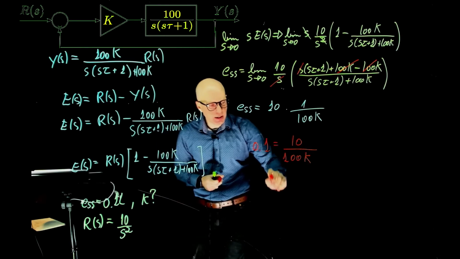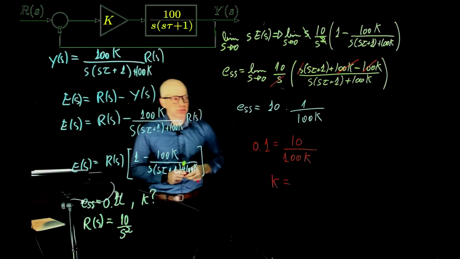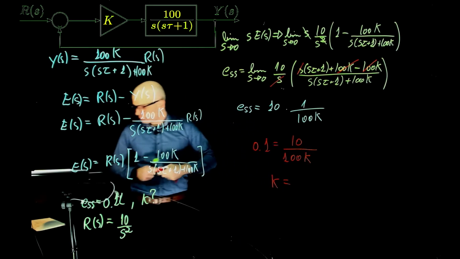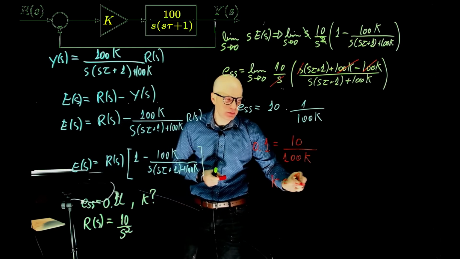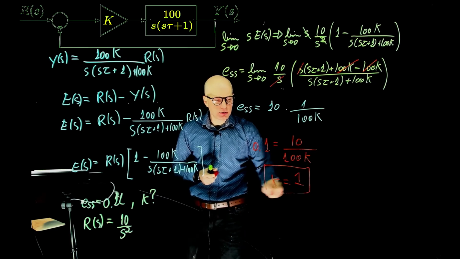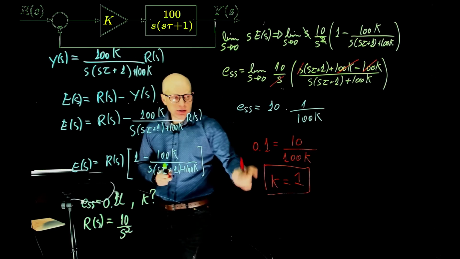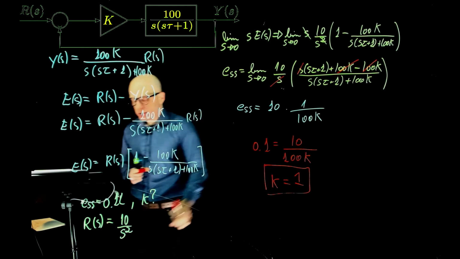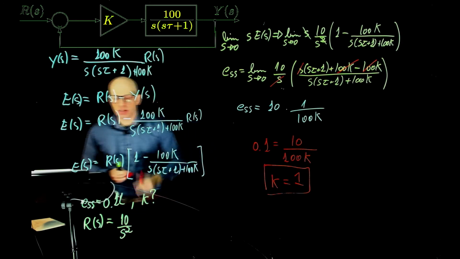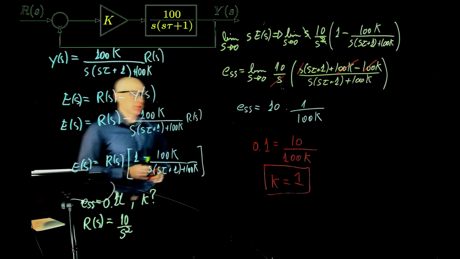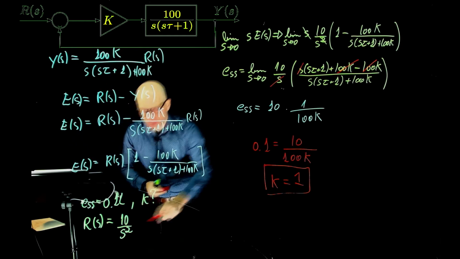Which means that k is, what's the value of k? 1. When k equals 1, we get a steady state error of 0.1 liters when the input is a step command of 10 liters per minute, 10 over s squared. Sorry, ramp, not step.